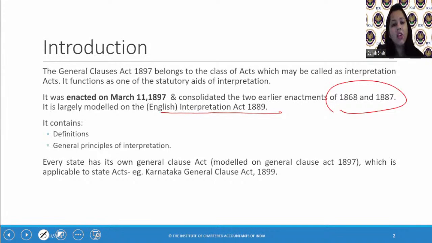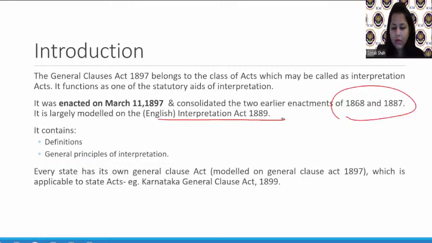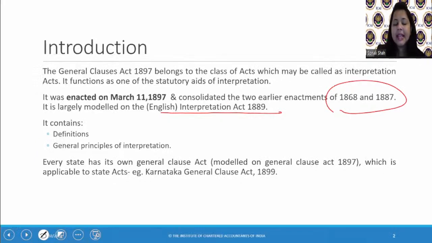This General Clauses Act is a central act, and it is applicable to all central acts and regulations. Is that clear? Is that clear, guys?